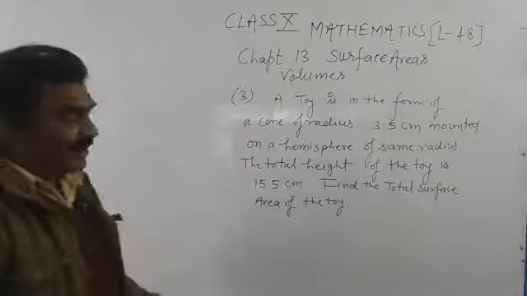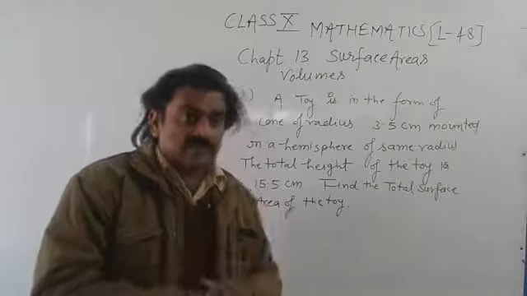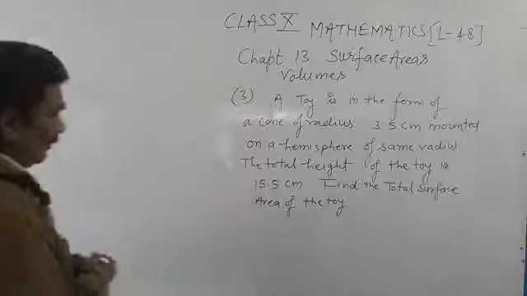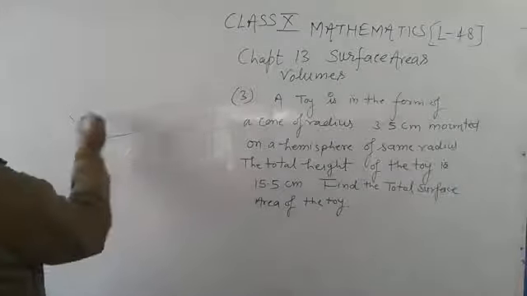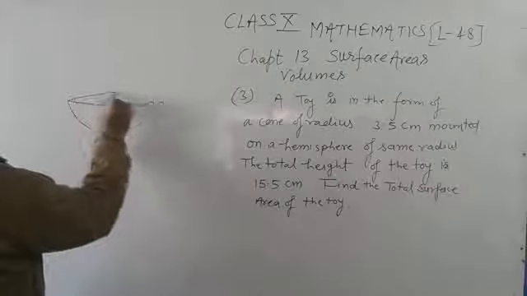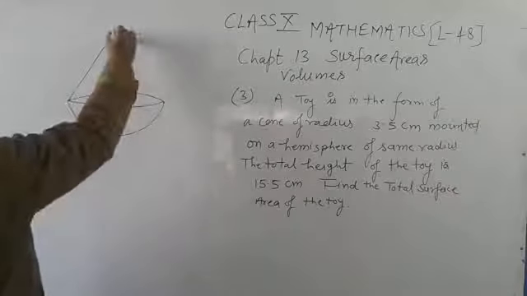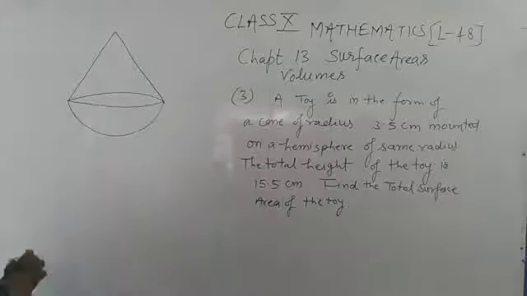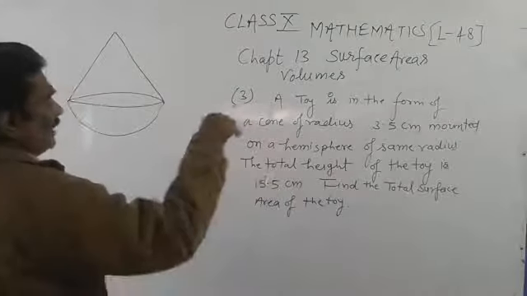So first of all, students, you should read these types of questions very carefully and try to make a diagram. अब diagram बनाने की कोशिश कीजिए. For example, we have a hemisphere. This is a hemispherical portion, and the cone of radius 3.5 centimeter is mounted on the hemisphere.